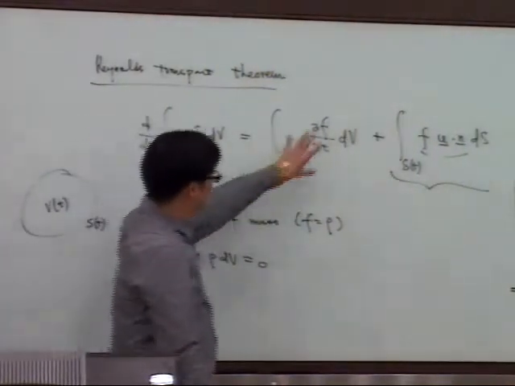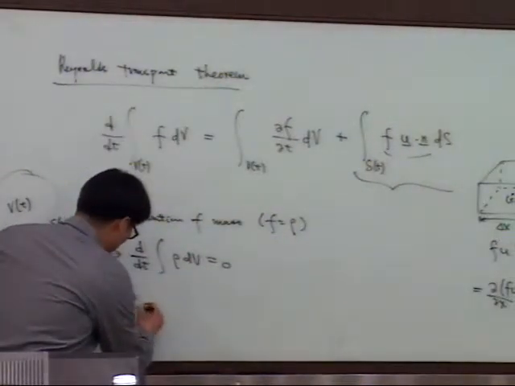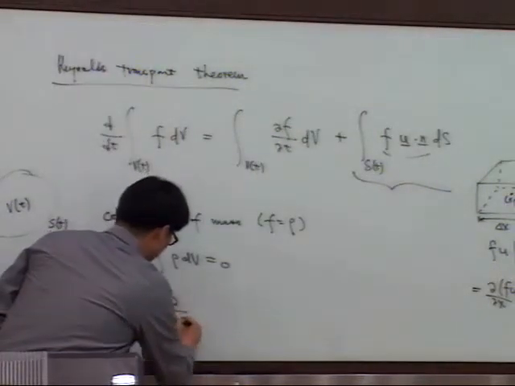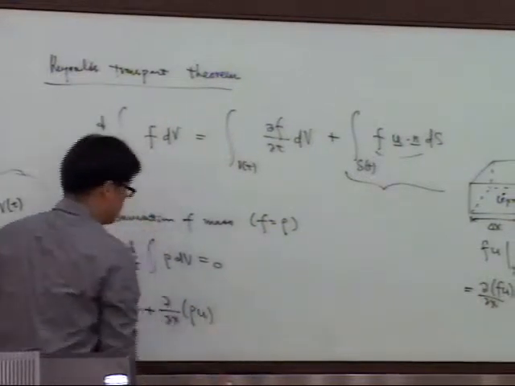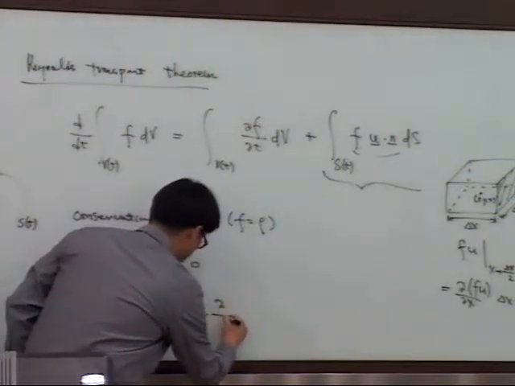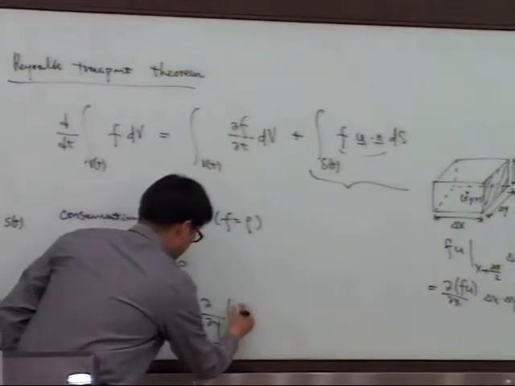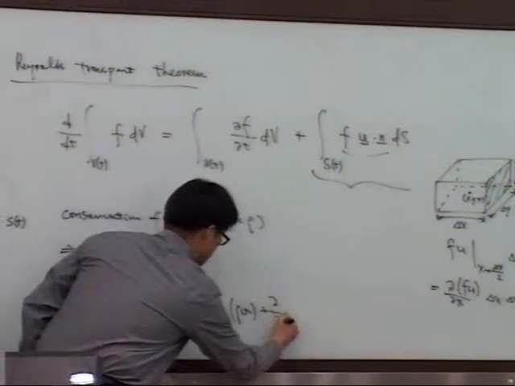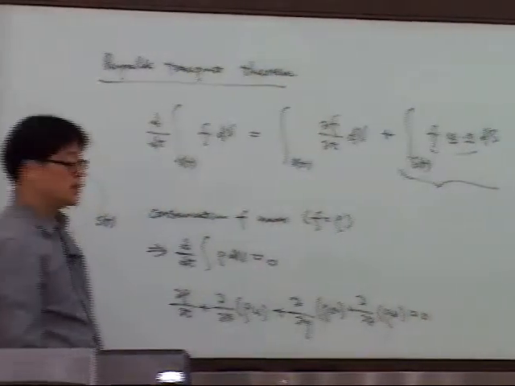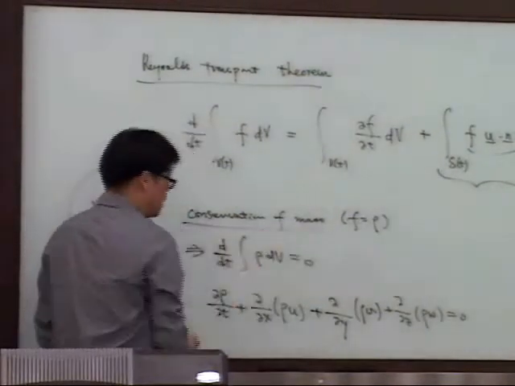And if you evaluate this and this for this rectangular box, then you end up with d rho/dt from here, and then d/dx of rho u, which comes from here. And then you have to look at the other faces, which give d/dy of rho v, and d/dz of rho w is equal to 0. Right? That's what we got, the equation from conservation of mass.